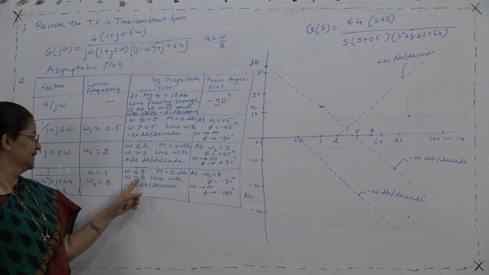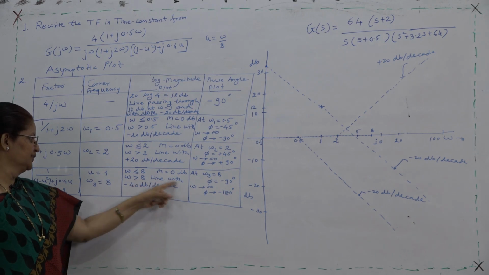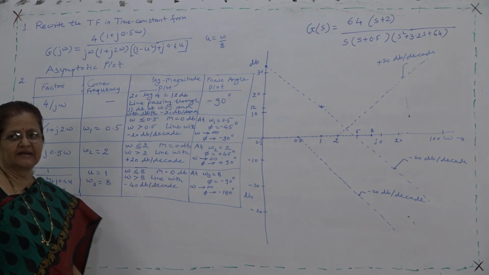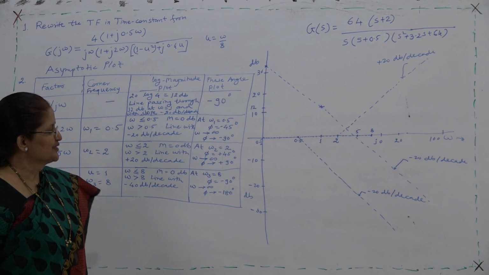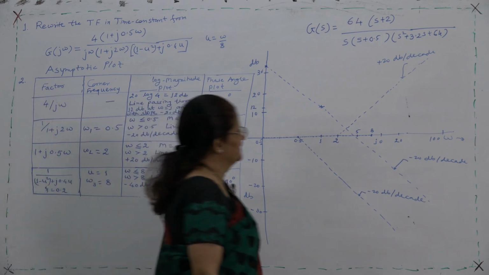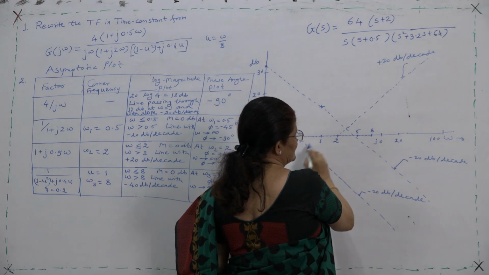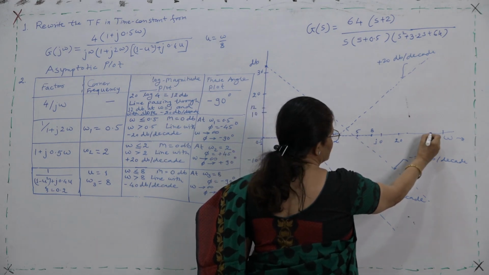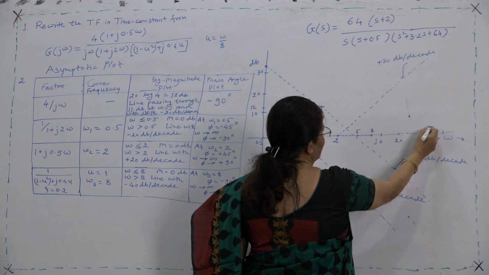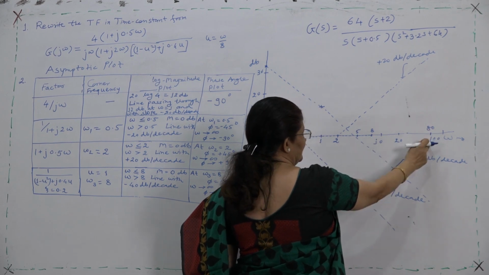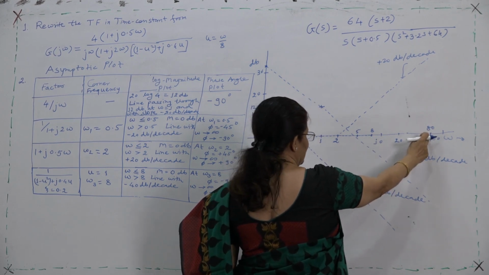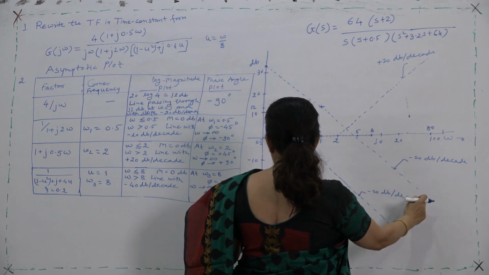When frequency is greater than 8, line with minus 40 dB per decade you want. So, how will you take the line with minus 40 dB per decade? At 8, it is 0 dB. So, take a point 80. So, you will get now here 1 decade. At 80, it is minus 40 dB.